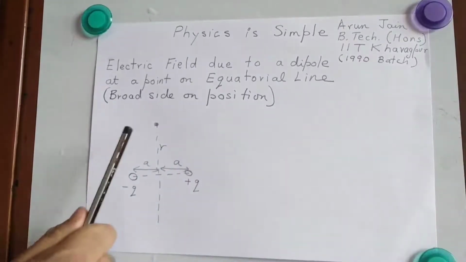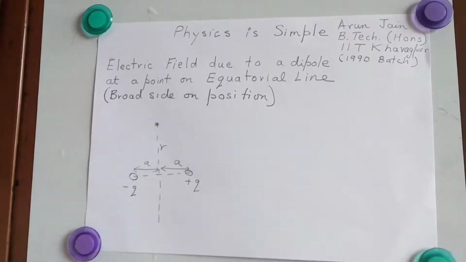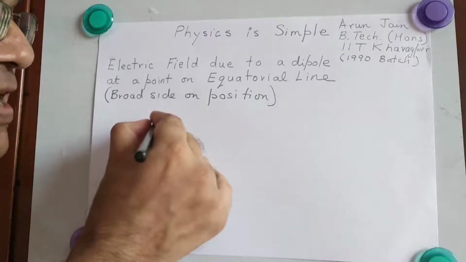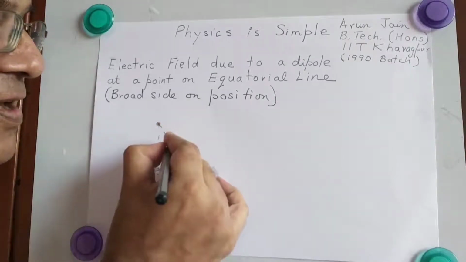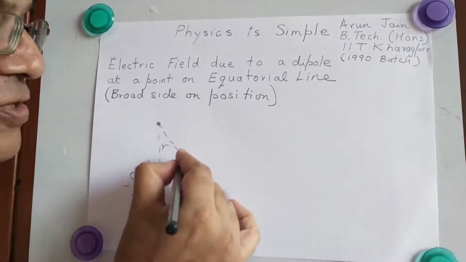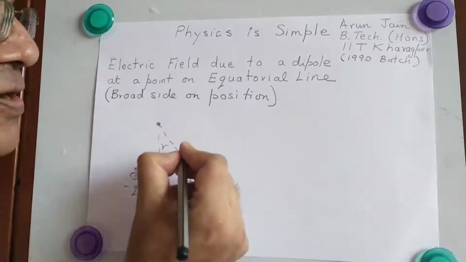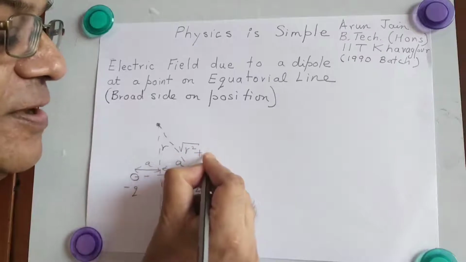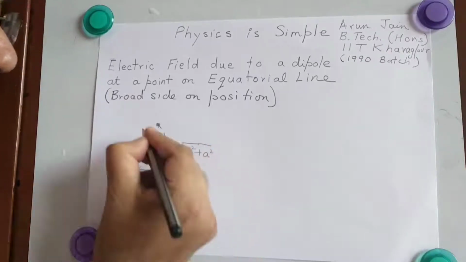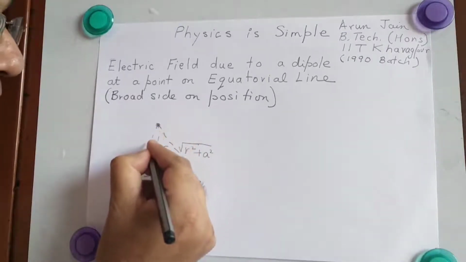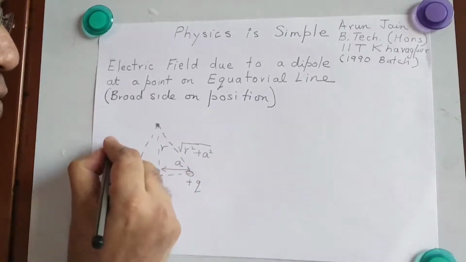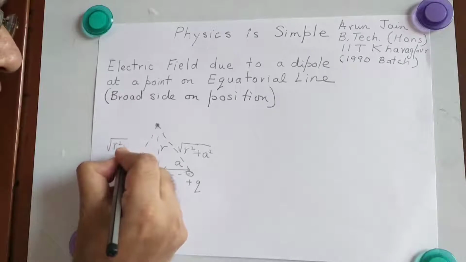So now we want to find the electric field at this point P. We know that this distance of the plus charge from that point will be root over r square plus a square, Pythagoras theorem. Same way, the minus charge is also at the same distance, root over r square plus a square.